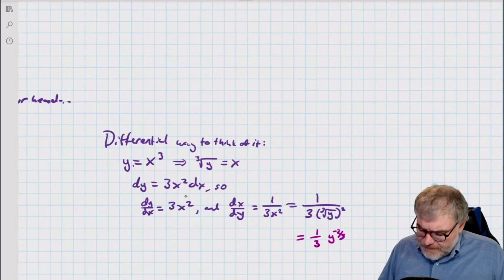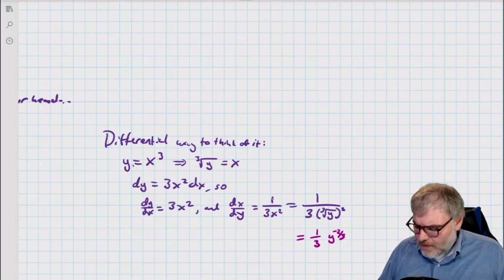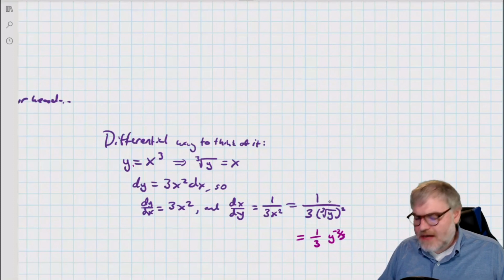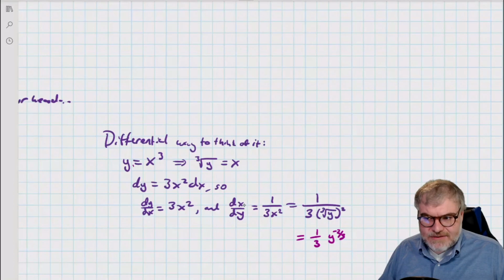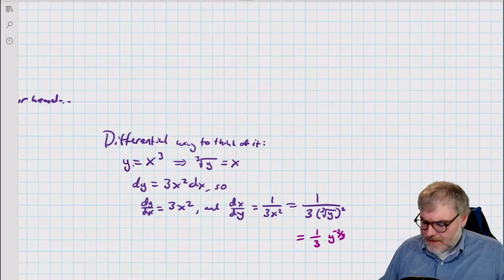Well, but instead of solving for dy over dx, let's say I solve for dx over dy, I get 1 over 3x squared, which is the same as 1 over 3 cube root of y squared when I sub in the cube root of y for the x. That's the same thing as 1/3 y to the negative 2/3. So I could have just taken the derivative straight of the cube root of y, and I get dx over dy, that's what I'd wind up with by the power rule.